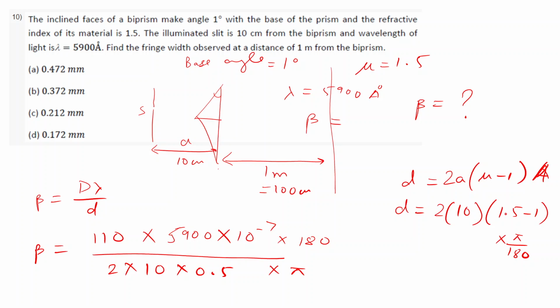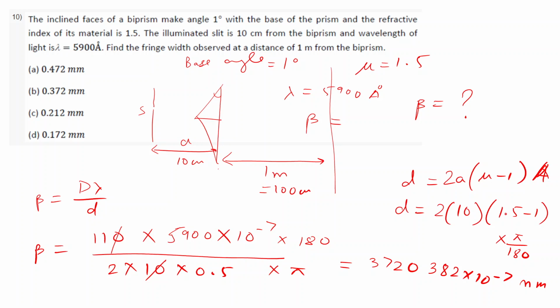Then we will calculate all this. This will be cancelled. 11 multiplied by 5900 multiplied by 180 divided by 2 divided by 0.5 divided by 3.15. It will be 382 times 10 to the power minus 7 millimeter. Okay, did I make some mistake again?